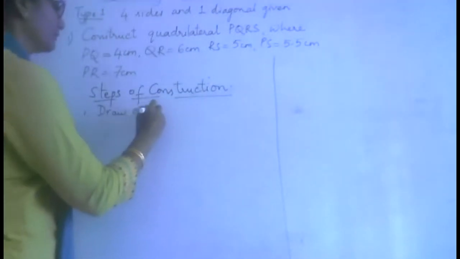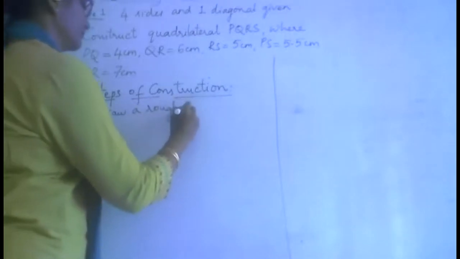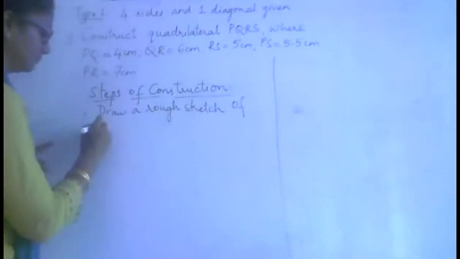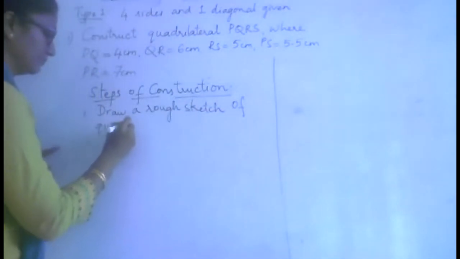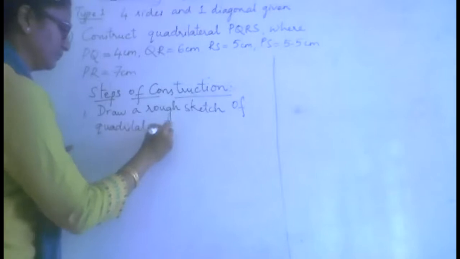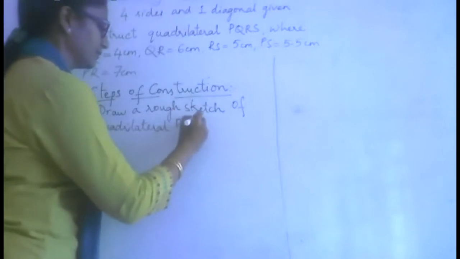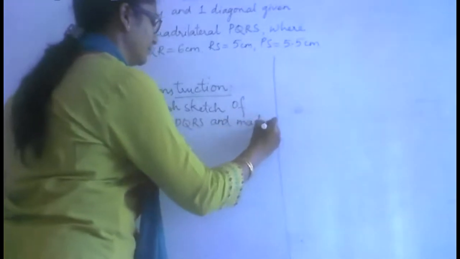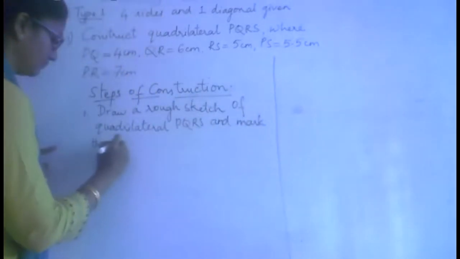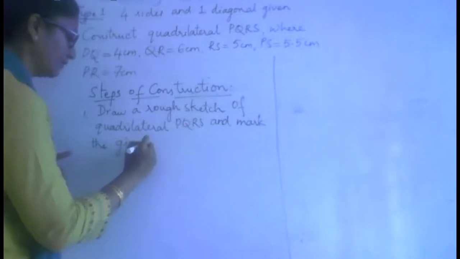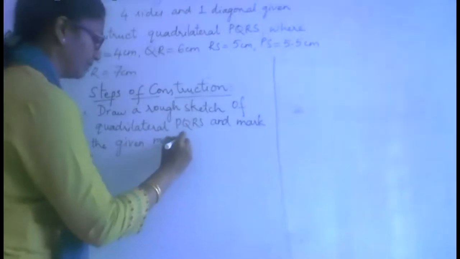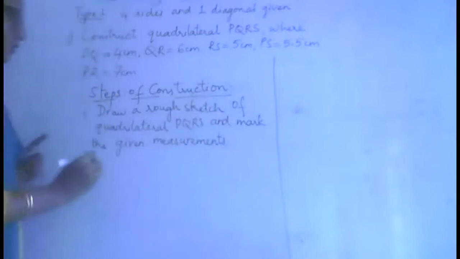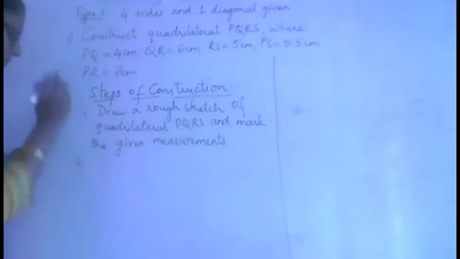Draw a rough sketch of quadrilateral PQRS and mark the given measurements. Is the board visible? Yes, ma'am. Okay, good. That was the first step.